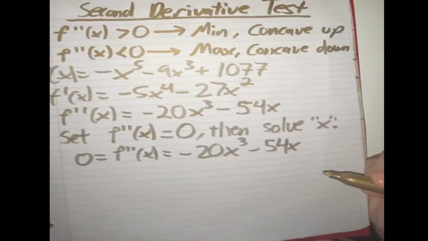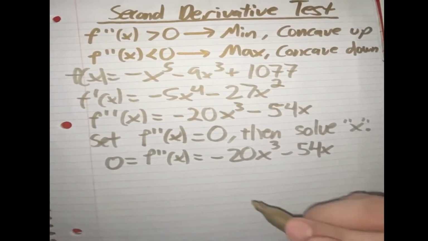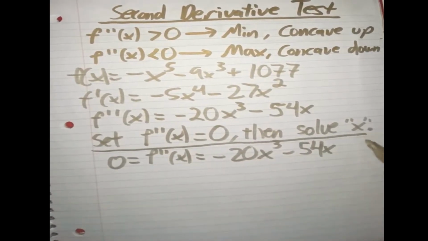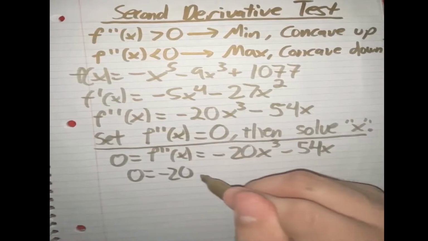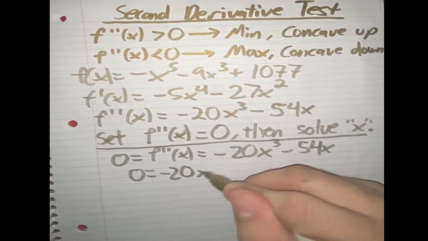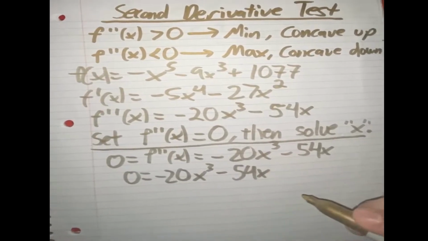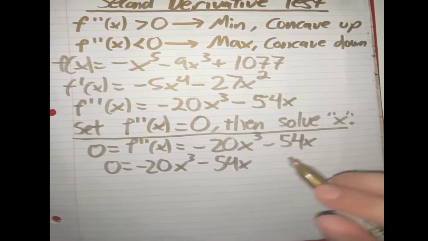So in doing so, 0 is equal to negative 20x cubed minus 54x.